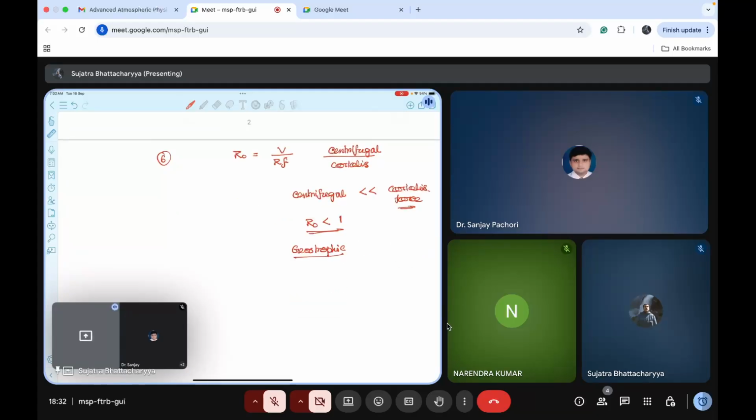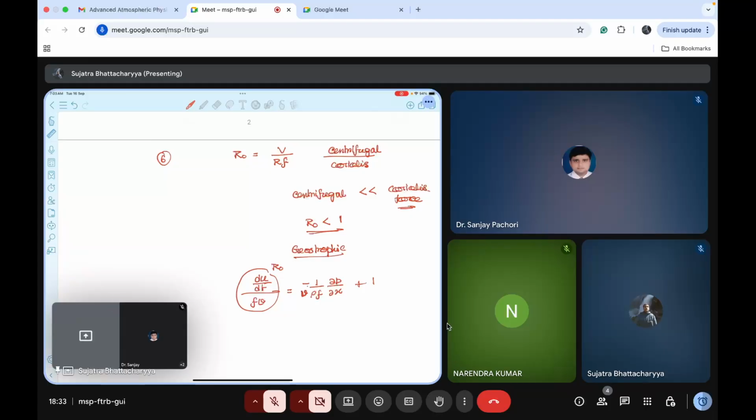This Rossby number can also be defined like this: du dt divided by fv, and this gives you the same 1 upon rho s delta p delta x and plus 1. Okay, so if this is your Rossby number, I think there's some v will come somewhere. So I think here only the v will come.